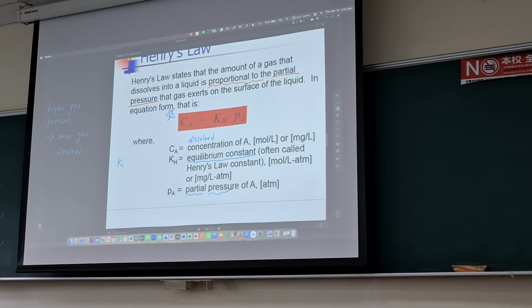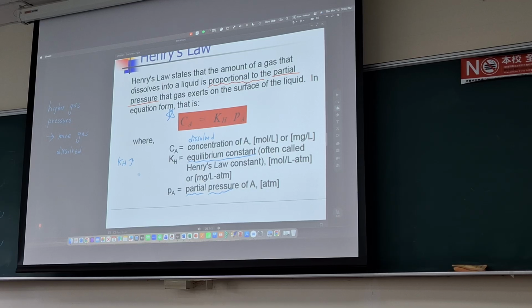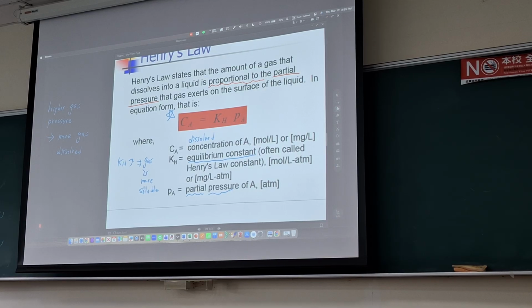So the higher KH, we know KH is a constant. Okay, different solvent, different KH value. So the higher KH, the higher the Henry's law constant means this type of gas is more soluble.